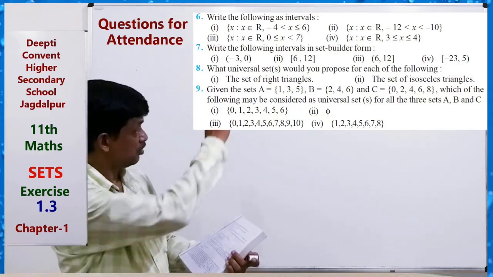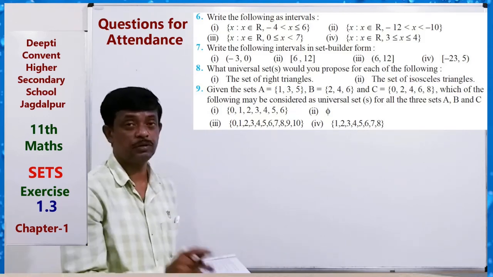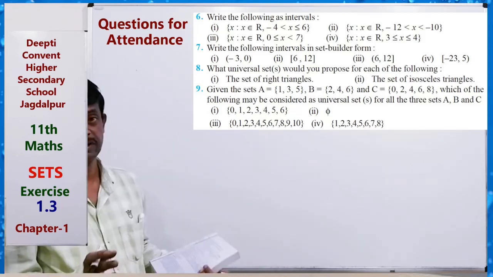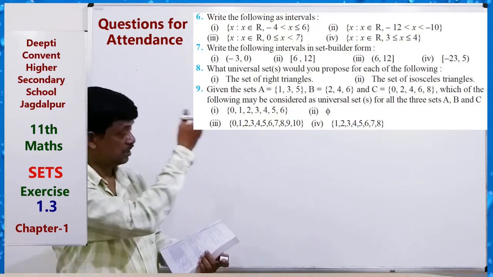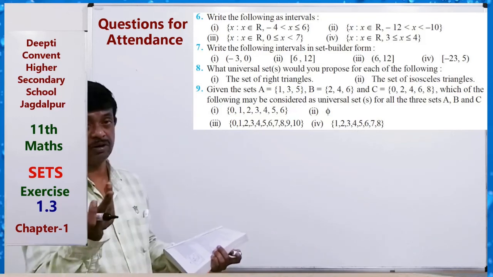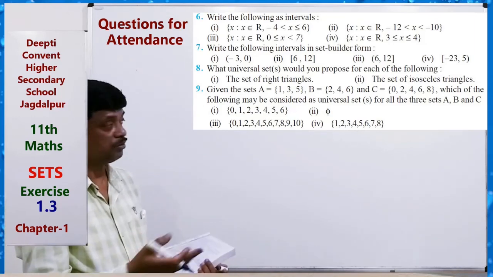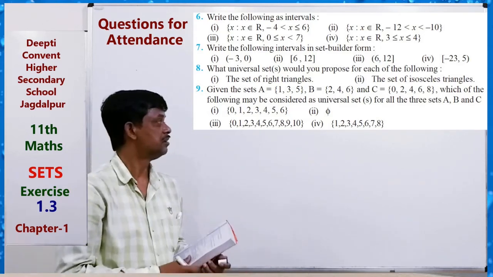The given options are 1, 2, 3, which may be considered for the universal set. So you have to give logic one by one. Whether the first may be a universal set or not, the second maybe or not, the third maybe or not. Okay, so you have to give logic. Logically write the answer of these questions.